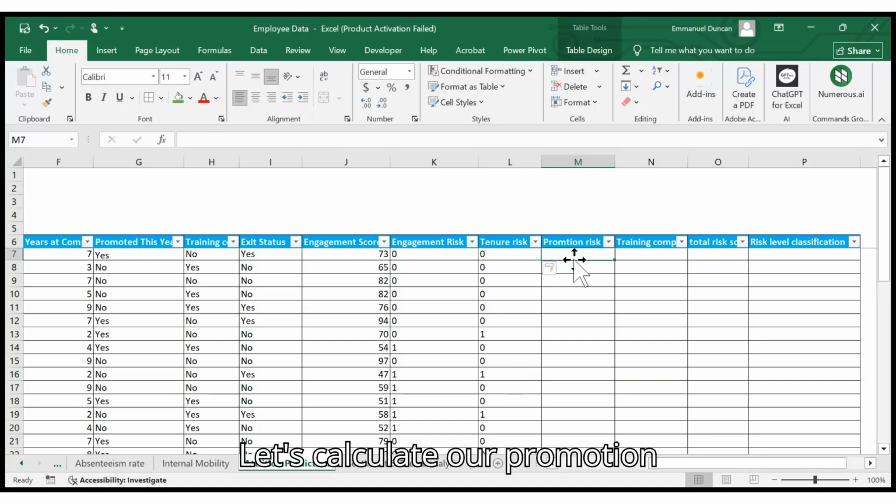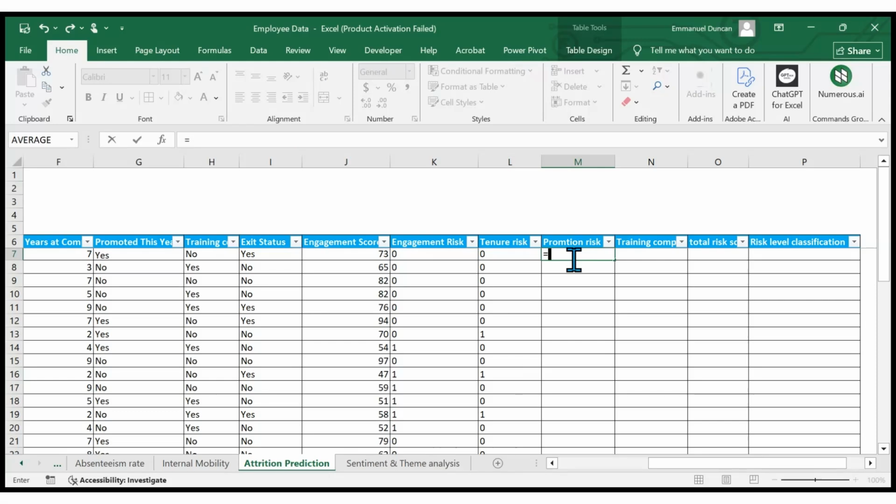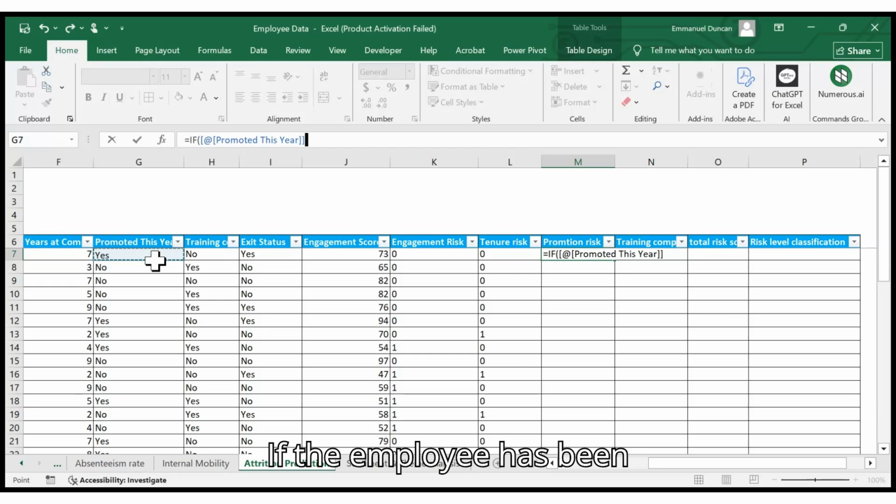Let's calculate our promotion risk using the if function. If the employee has been promoted, if it is yes, then 0.